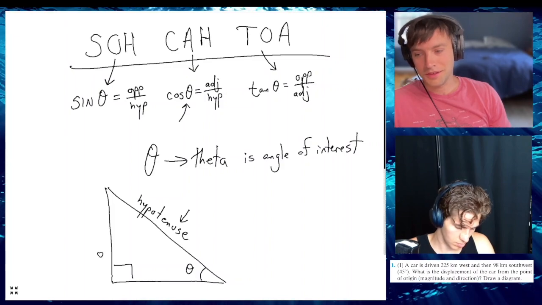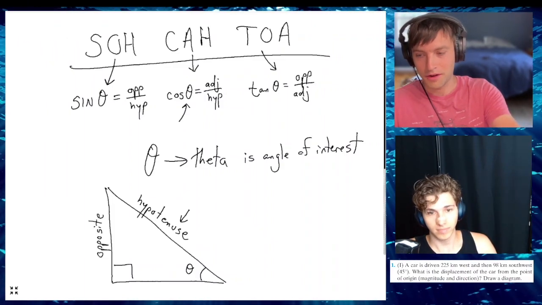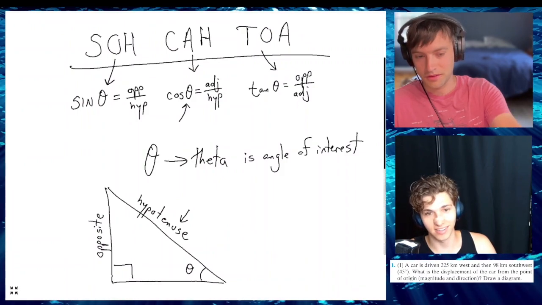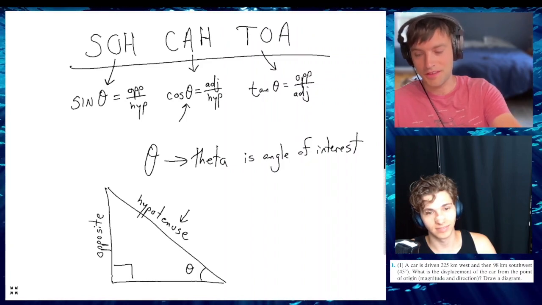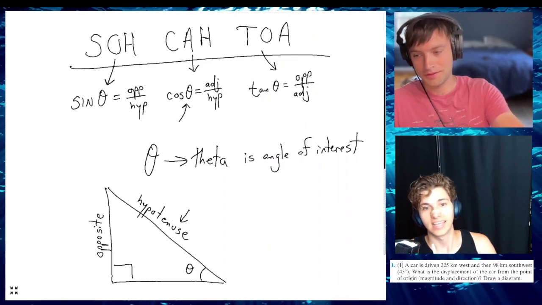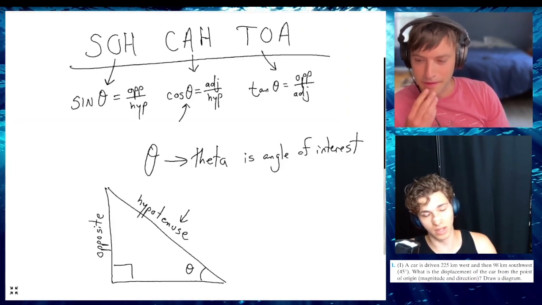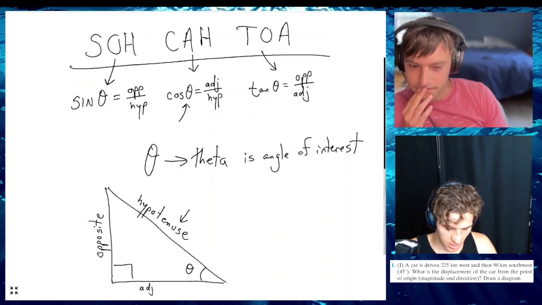This is in relation to wherever the angle of interest is. So if the angle of interest was that other point, the opposite and the adjacent would be flip-flopped. Yes, but the hypotenuse would stay the same because the hypotenuse is always the longest side. So that leaves this side to be the adjacent.